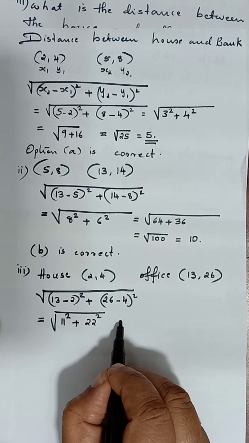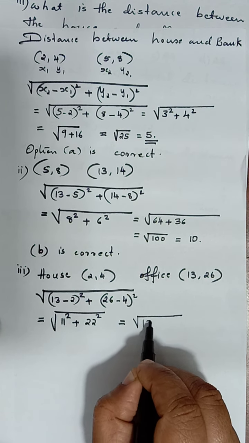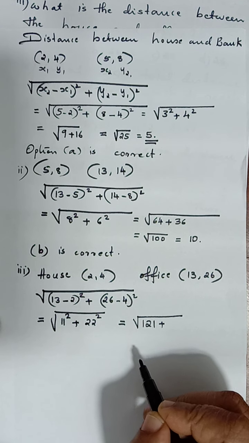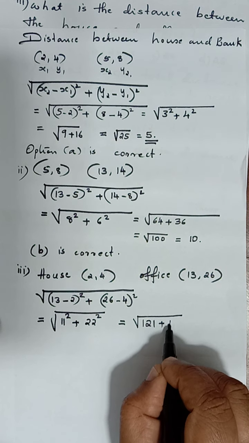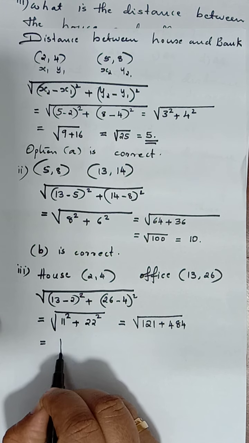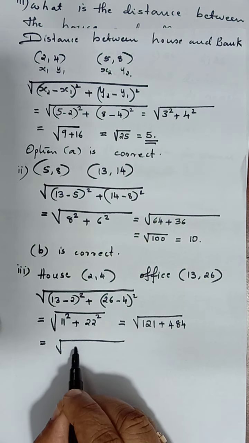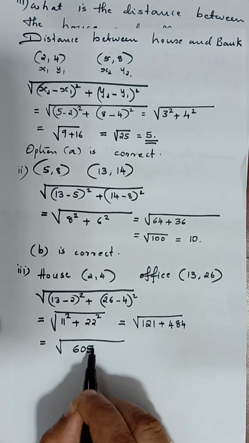So under the root, 11 square is 121. What is 22 square? It is 484. So add both, 121 plus 484. That is equal to square root of 605.